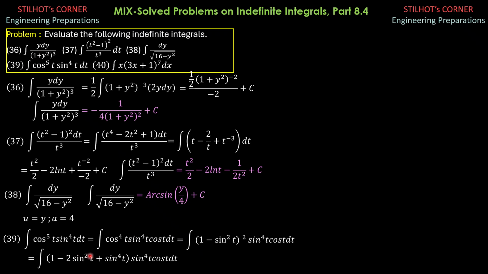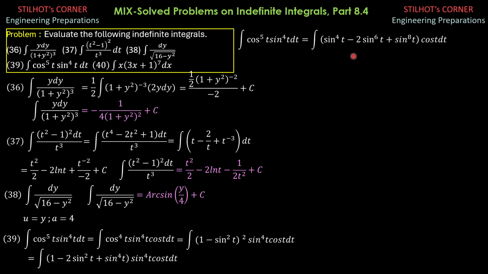And distributing sine to the fourth, that would be integral of quantity sine to the fourth t minus 2 sine to the sixth t plus sine to the eighth t quantity cosine t dt.